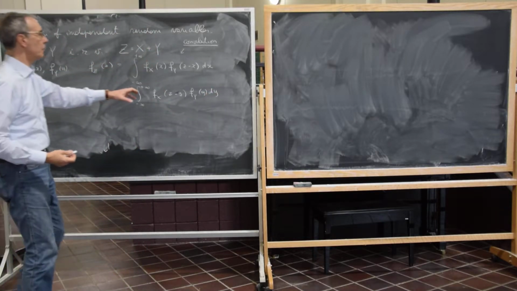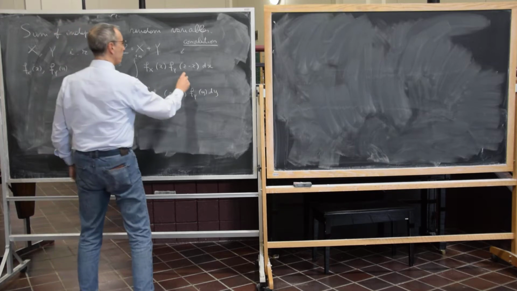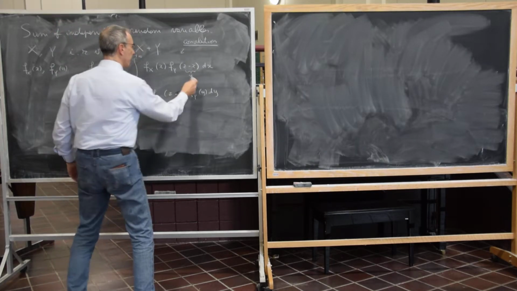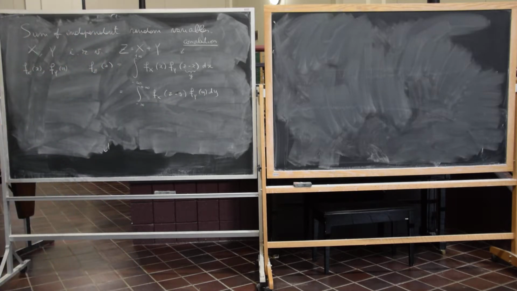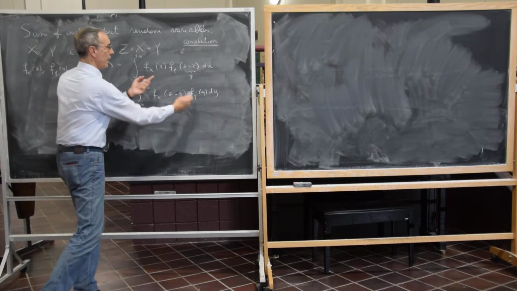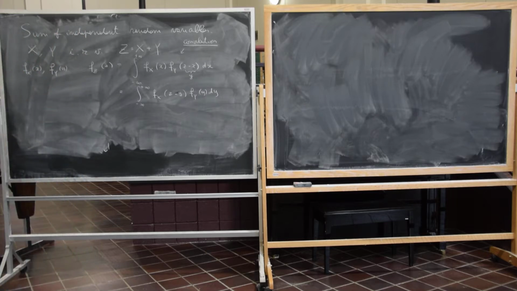Basically, the change of variable is that you call this object y. So you can decide which of the two you leave unchanged, and the other one will be z minus the other.